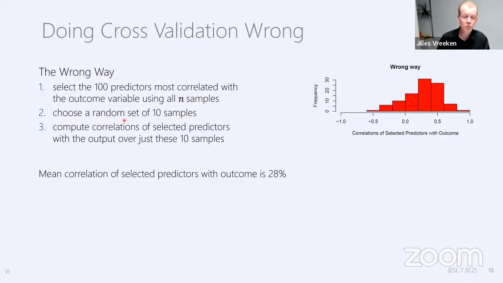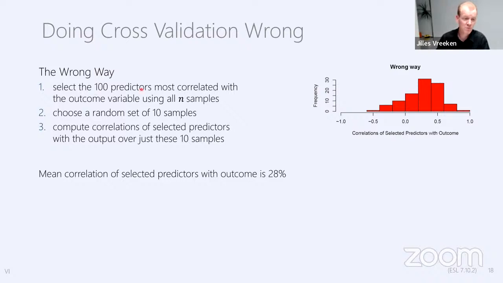Now, if we choose out of all the data a random set of 10 samples, that's essentially what the wrong way of doing cross-validation is all about. We can compute the correlations of those predictors with the output on just that, right? And we get something that looks like this. And you see that even though the data generating process is still the same, nothing changed, so the bump should really be here, you can see that, hey, there's a positive correlation.